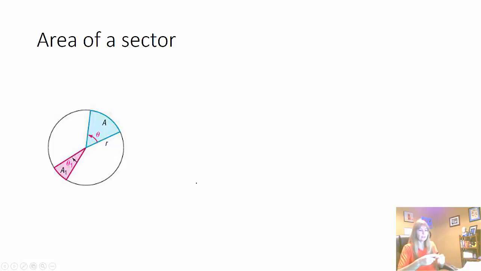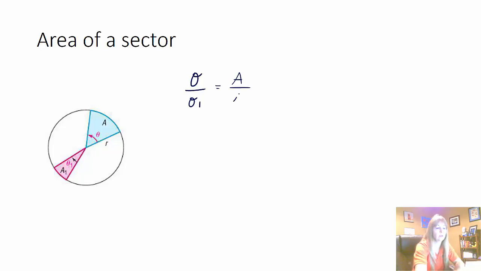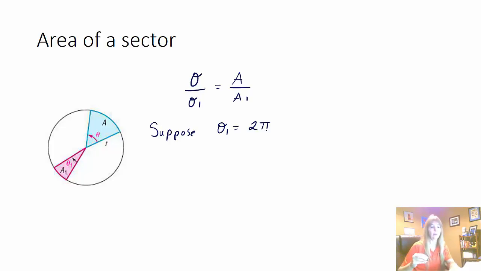So if I go back to that whole deal that I mentioned of ratios, the ratios of the angles are also equal to the ratios of the areas. Just like the arc length one. So once again, let's suppose theta 1 is going all the way around. It's the entire angle, 2 pi all the way around.